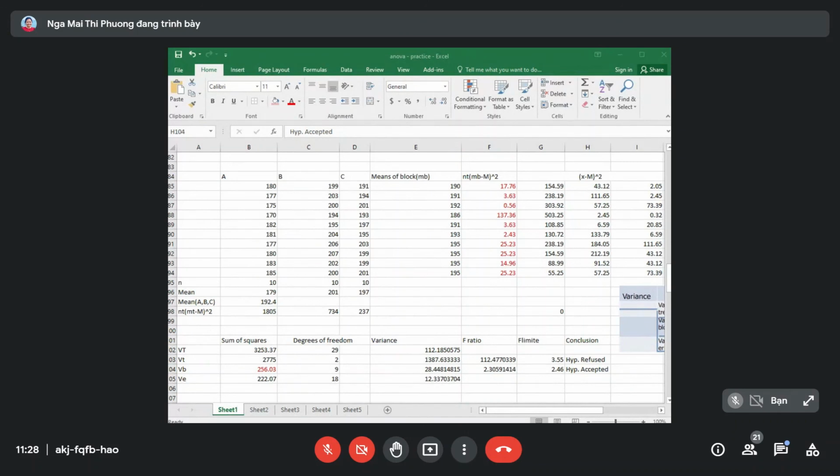Because having no action of blocks means that the data isn't significantly affected by uncontrolled factors. So it means that the uncontrolled factor doesn't affect the result. We only see the effect of the control factor, which is fit. That is good.